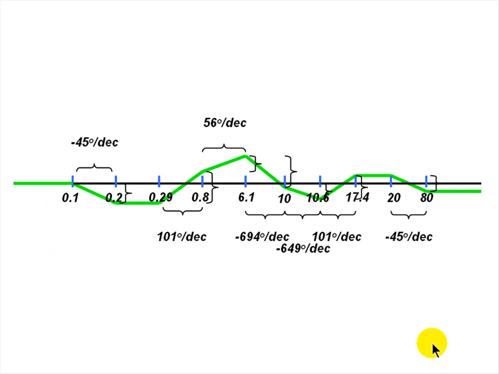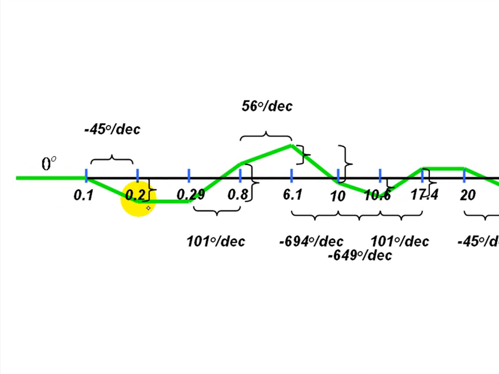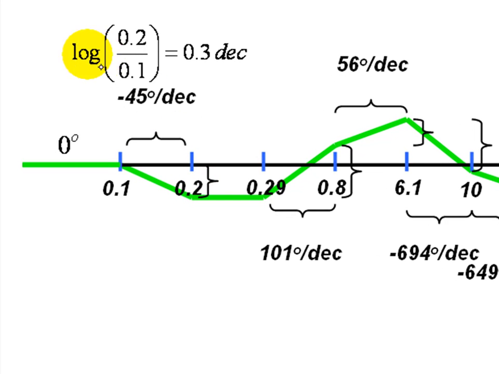We enter a 0 degrees vertical axis value because there is no zero or pole at 0 radians per second. The decade's distance between 0.1 and 0.2 is log of 0.2 divided by 0.1, that is, 0.3 decades.